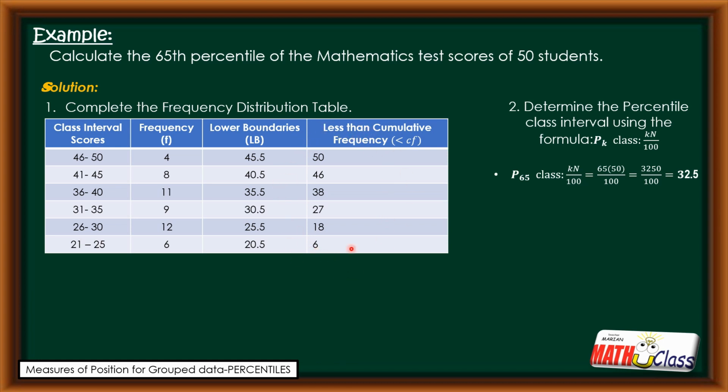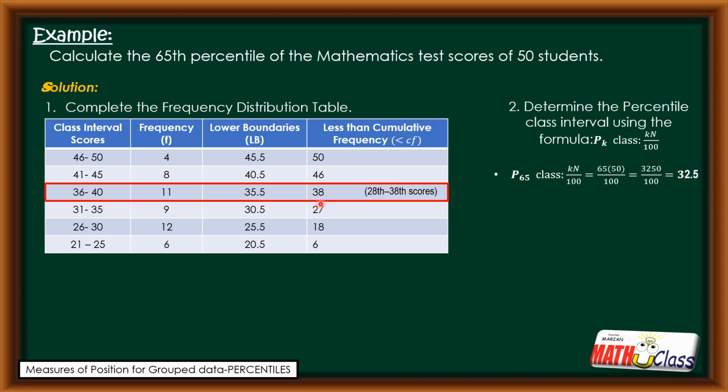Note that the 28th to 38th scores belong to the class interval 36 to 40. So the 32.5th score is also within the class interval. The P65 class is the class interval of 36 to 40.